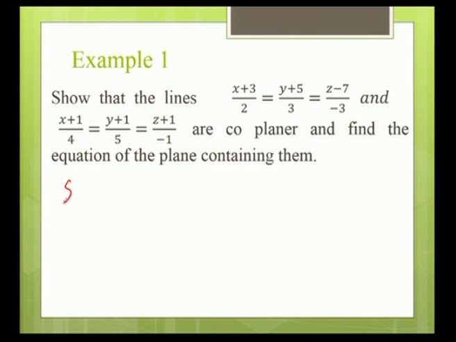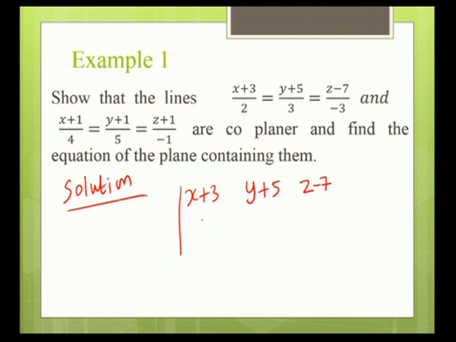Solution to this problem can be obtained like this. First, go to the given condition. The equation of the plane which contains the first line and is parallel to the second is given by this determinant, that is, x plus 3, y plus 5, z minus 7; 2, 3, minus 3; and 4, 5, minus 1 is equal to 0.